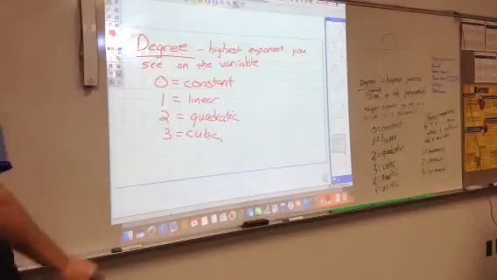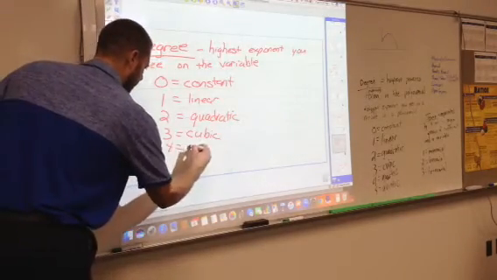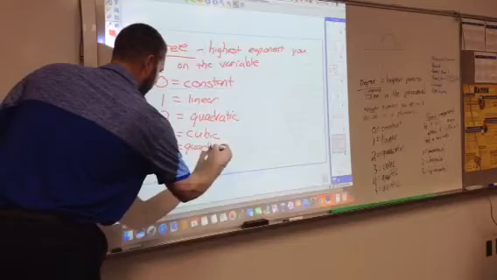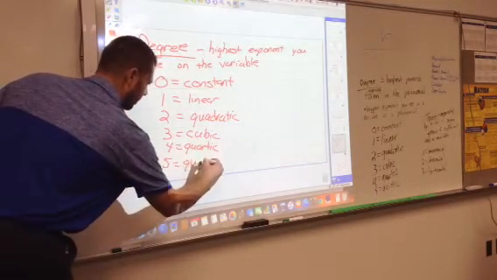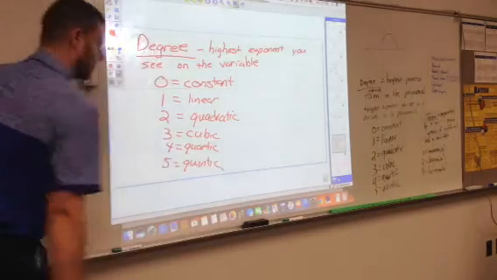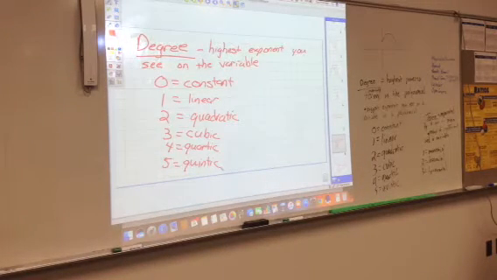If the degree is 3, we call it cubic. 4, we call it quartic. 5, we'll call it quintic. I'm sure there's names for higher powers or higher degrees. I'm not going to get into that. If something has a degree of 8, okay, just say it has a degree of 8.